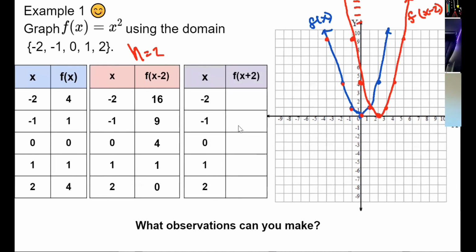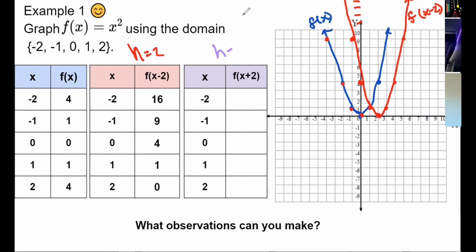So our next example now, instead of writing f of x minus 2, we're going to go ahead and write f of x plus 2. In this particular example, we have our h equal to negative 2. Why negative 2?